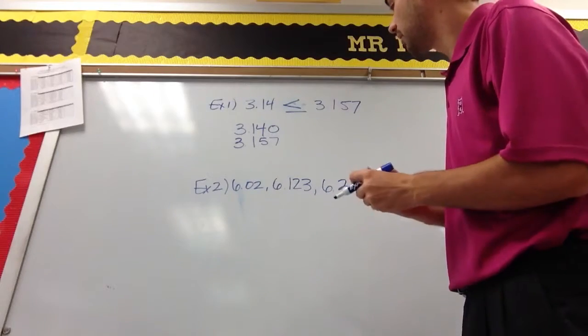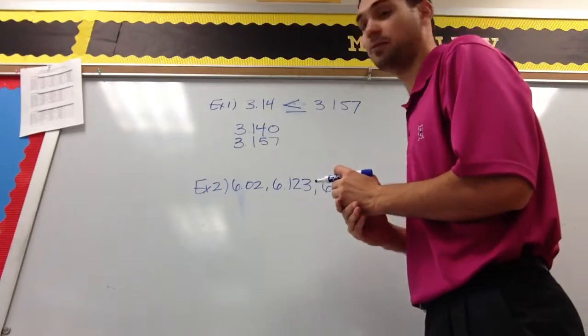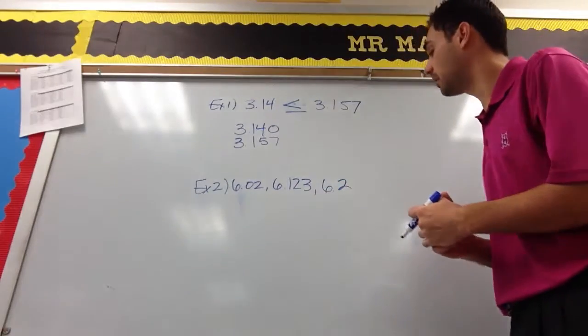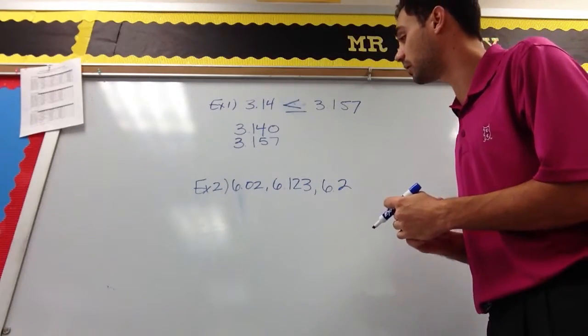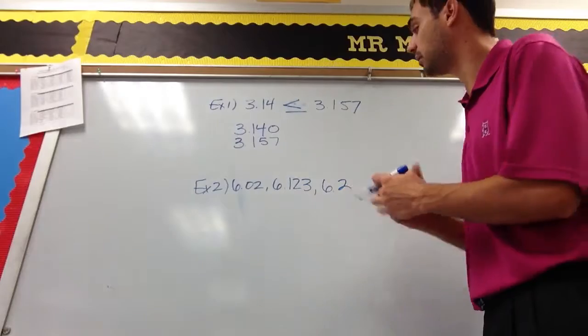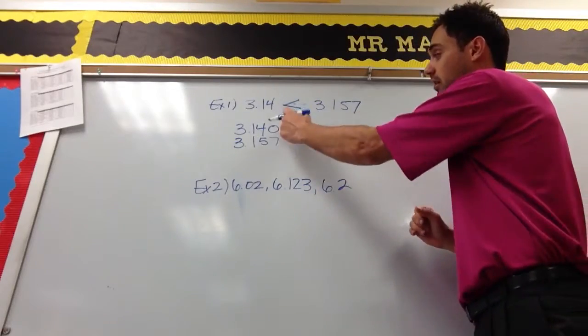The same process works if we have numbers that we need to order. So we're going to put these in order from the least to the greatest. I'm going to do the same thing I did above.